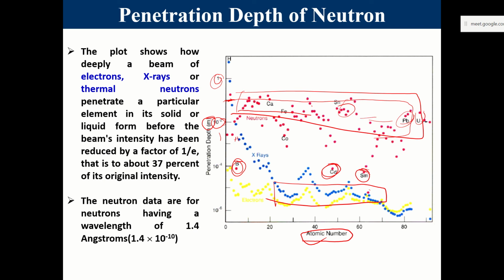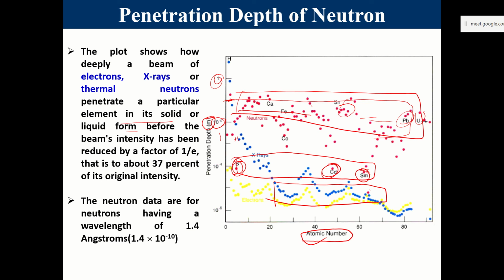So this plot shows you the penetration depth, and it is very good penetration across most of the elements, through layers of atoms of most of the elements, and that is a very good thing. Neutrons will fail only when cadmium, samarium or boron are used.